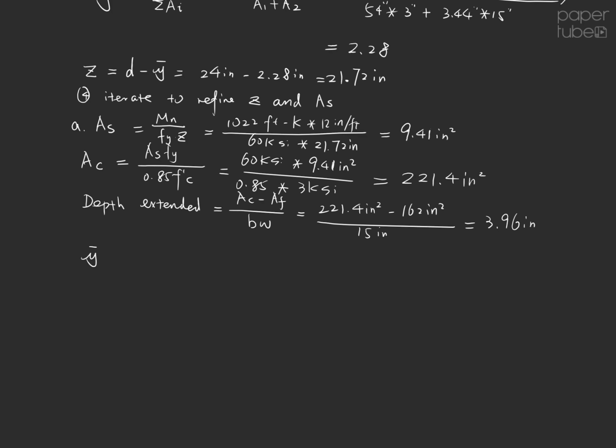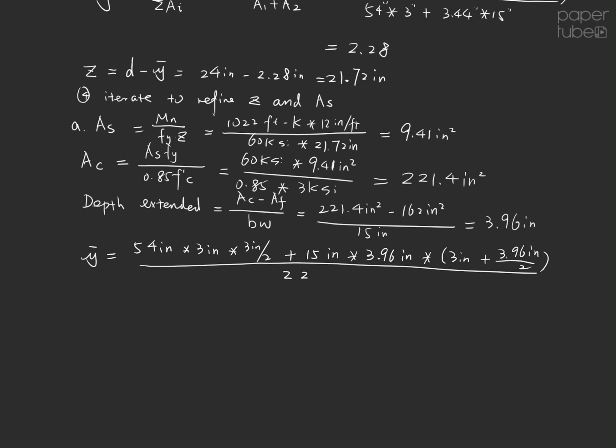Now you can calculate your Y bar again. That is 54 inch times 3 inch times 3 inch divided by 2 plus 15 inch times 3.96 inch times 3 inch plus 3.96 inch divided by 2, divided by 221.4 inches squared.